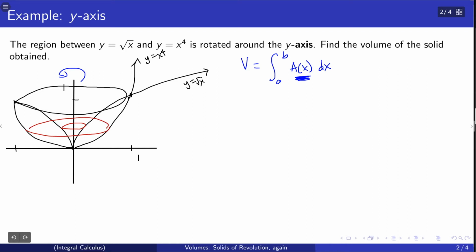In fact, we're going to get washers as well. But now we're getting one washer for each y coordinate.